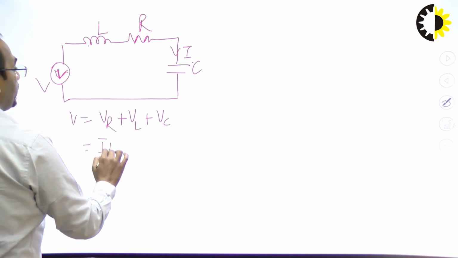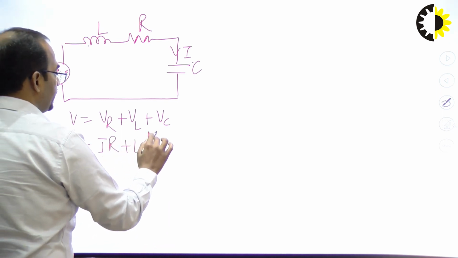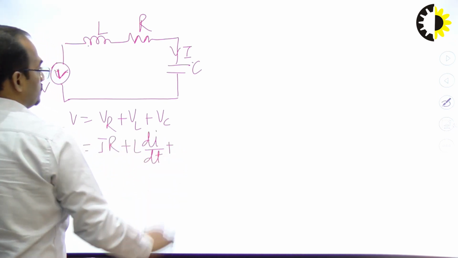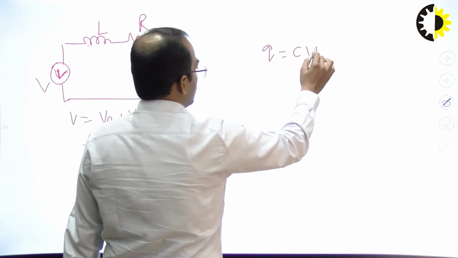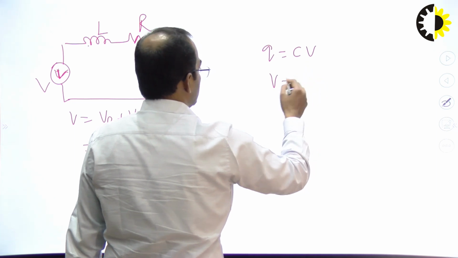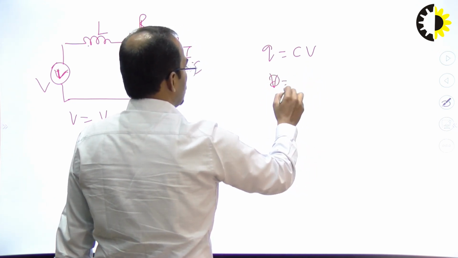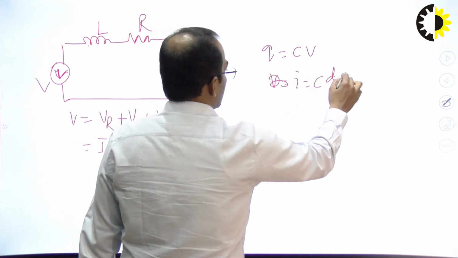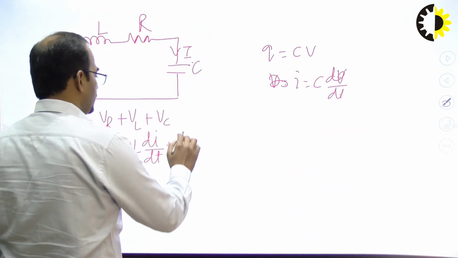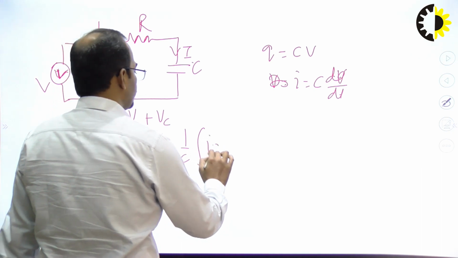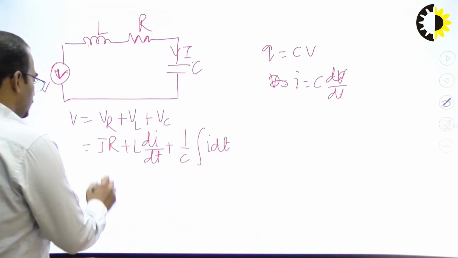V is equal to IR plus L di by dt plus the capacitor voltage. Q is equal to CV, so V is equal to 1 by C integration of I dt.